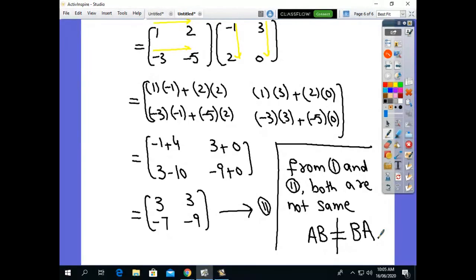Therefore, the product of the matrix AB is not equal to the product of the matrix BA. Now, similarly, you can solve part 2, part 3 and part number 4.